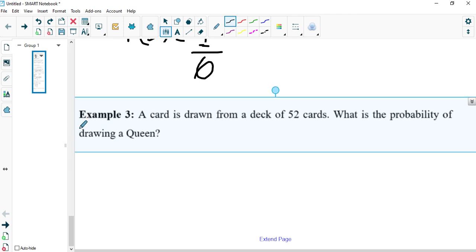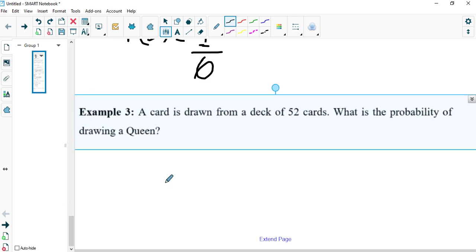Then step number 1 is to list down the possible outcomes, the sample space, the total. I already said that for some questions you cannot list down your whole sample space, but what you do is you can summarize it. We summarize the total outcomes, the same as the sample space.